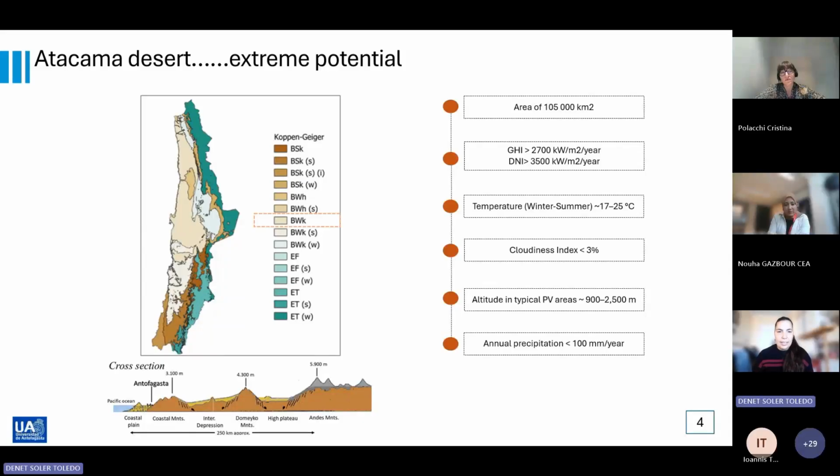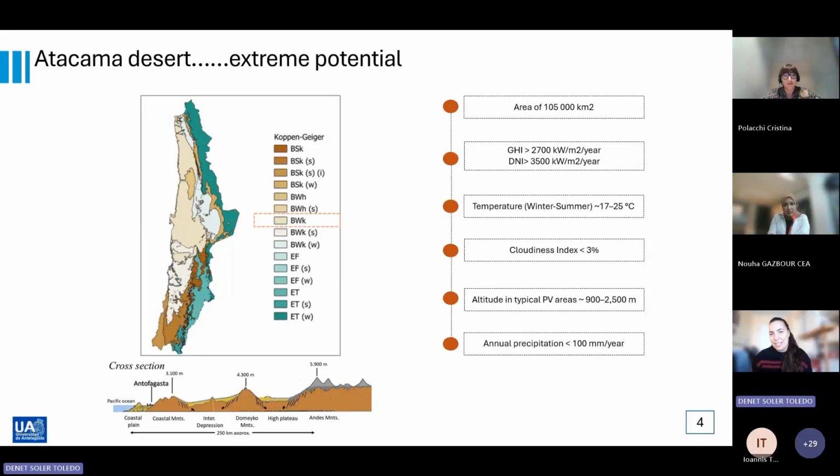According to the Köppen classification, the Atacama Desert is divided into several zones, but the predominant zone is the BWK, which means cold and dry desert. And this is good news for us. We have no problem with the landscape.